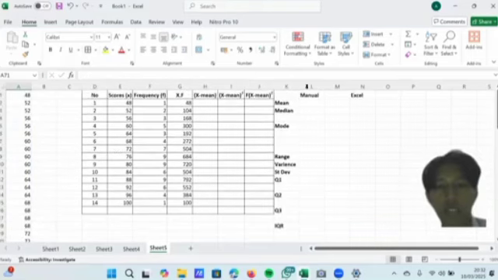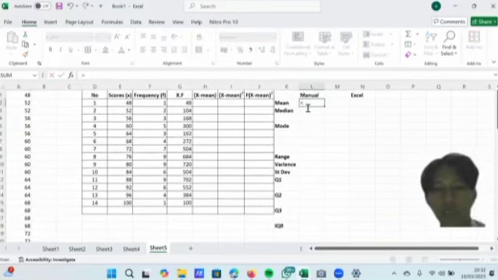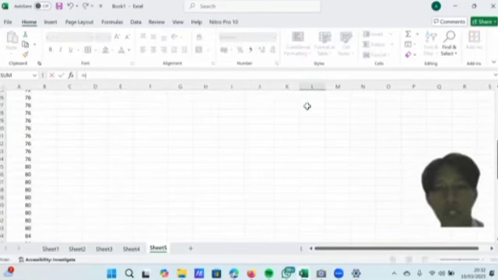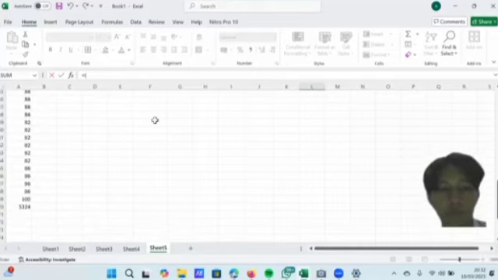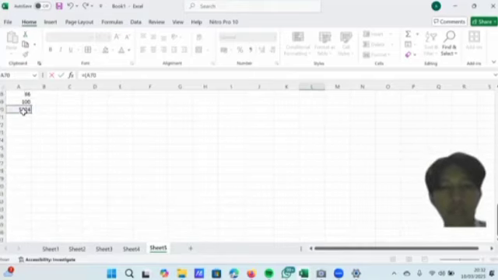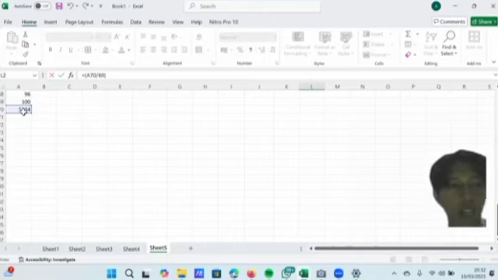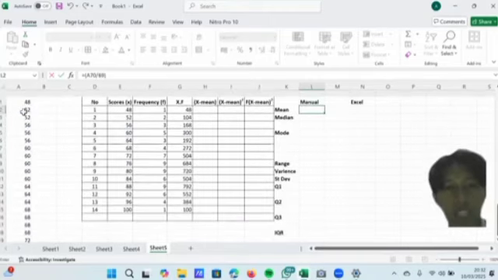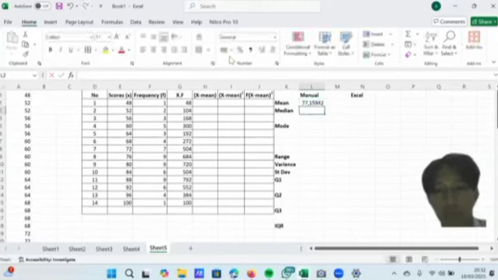Okay, and for the mean, equal the sum of the data divided by the amount of the data.